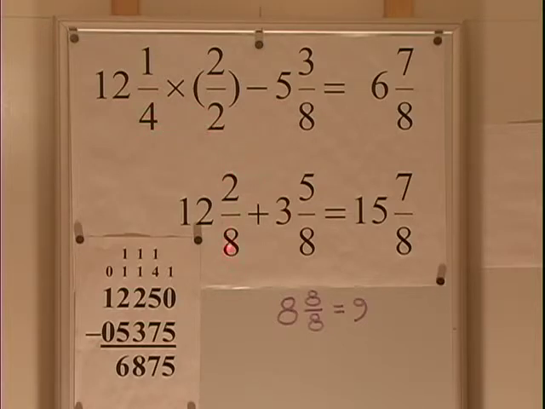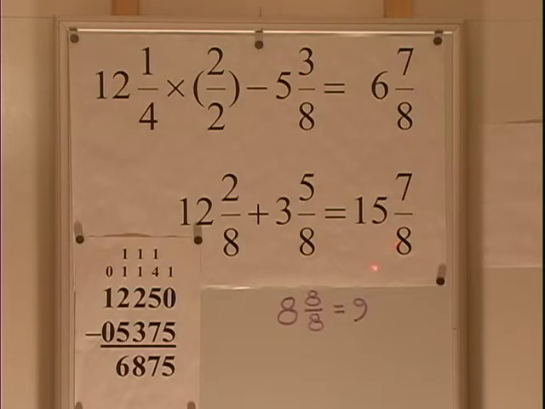So 2/8 is another way of writing 1/4. So now I'm going to add 12 and 3, 15. 2 and 5 is 7, and I'll bring the eighths over. So I get 15 7/8.